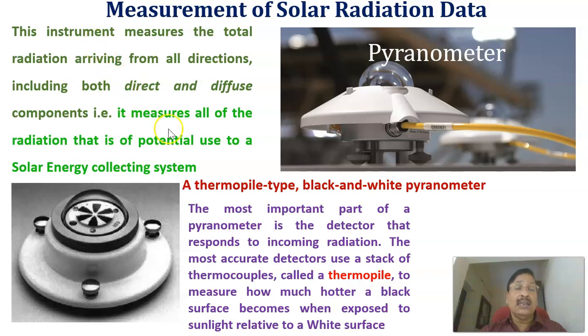When solar radiation is exposed to the black surface, it absorbs the radiation and the temperature rises, and how much the temperature rises relative to the white surface is measured using thermocouples. A set of thermocouples we use as a thermopile. Therefore, that is the detector used in a pyranometer.